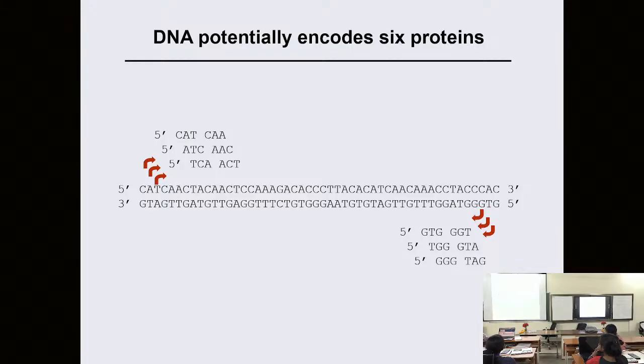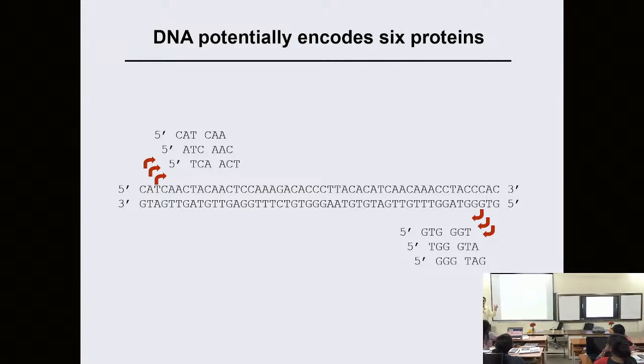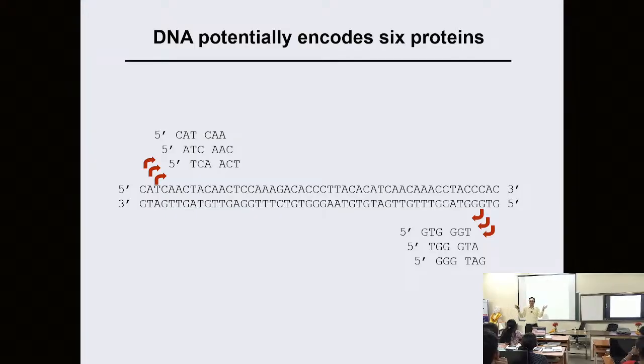You are given this, and how many codon positions are there? A codon is a string of how many nucleotides? 3. So how many codon positions could there be? 3. But given a sequence, you don't know which codon position this is situated in, right? So let's say that this is situated in position 1.